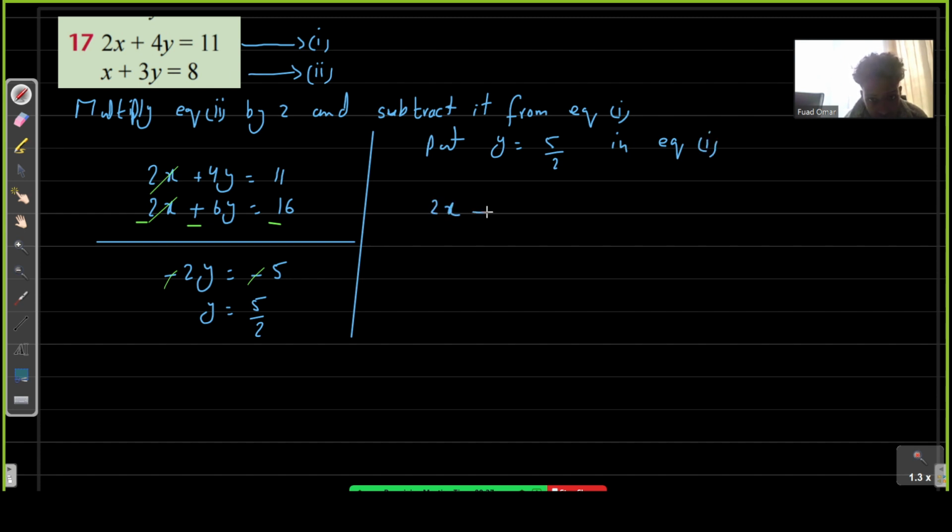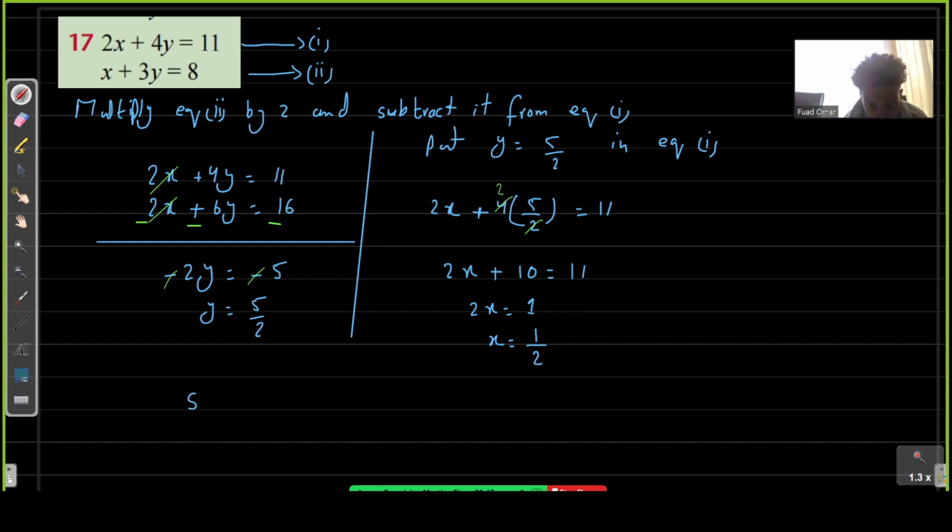So 2x plus 4 times y, which is 5 by 2, is equal to 11. So 2 times 2 is 4, so 2 fives are 10, 2x plus 10 is equal to 11. So 10 will go to the right side, so 2x is equal to 11 minus 10, which is 1, so x is equal to 1 by 2.